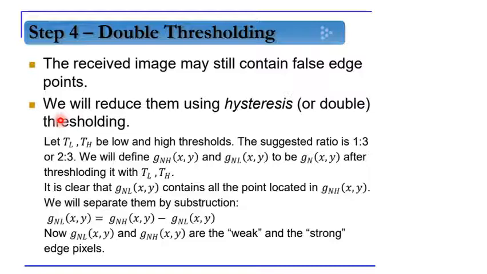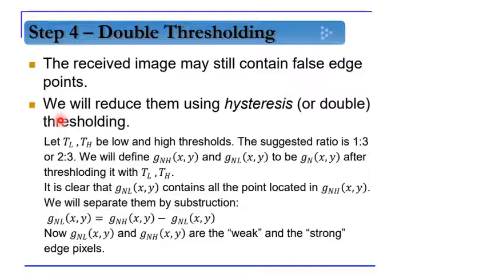Now if I consider a threshold of, let's say, 100, all the pixels above 100 will be set to 1, and all the pixels below 100 will be set to 0. In the first case, with threshold 30, false edge points may come into the picture.